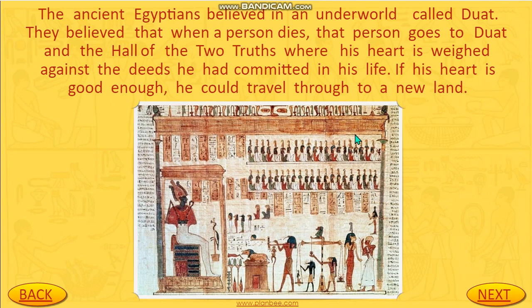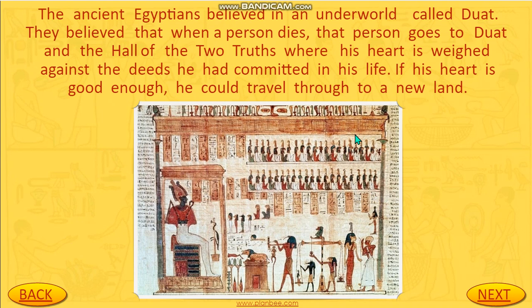They believed that when a person dies, that person goes to Duat, which of course they believe is on the west side of the Nile River, and to the hall of the two truths, where his heart is weighed against the deeds he had committed in his life. Now how do they weigh the heart?